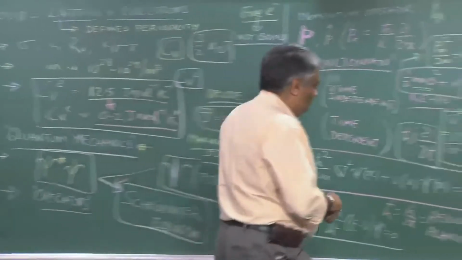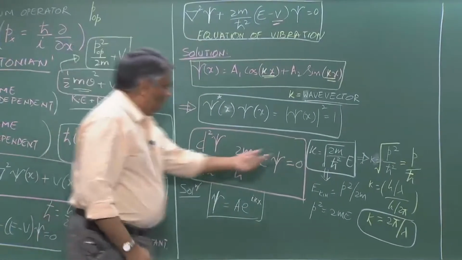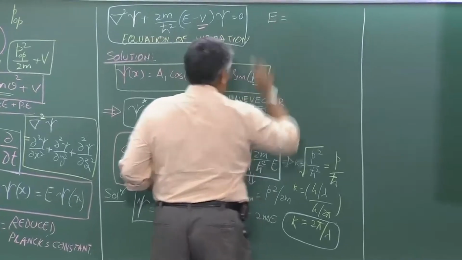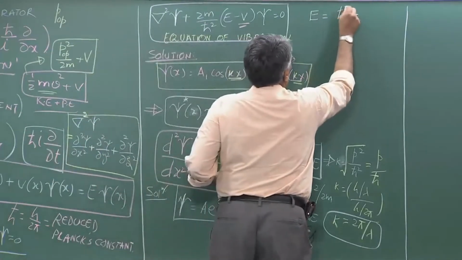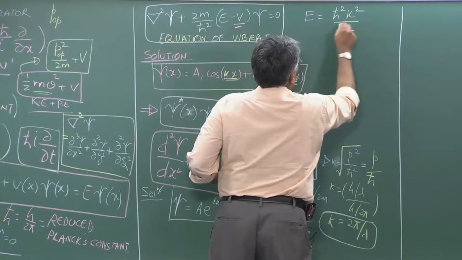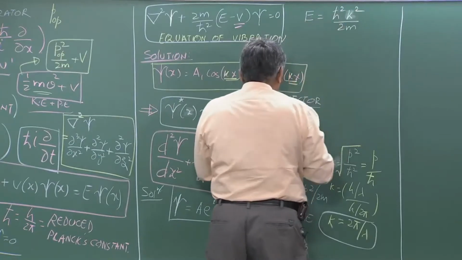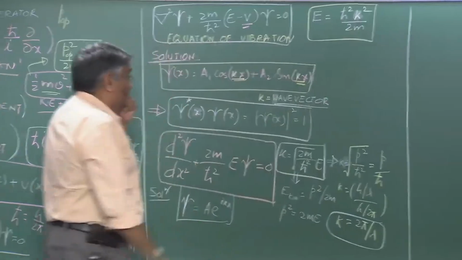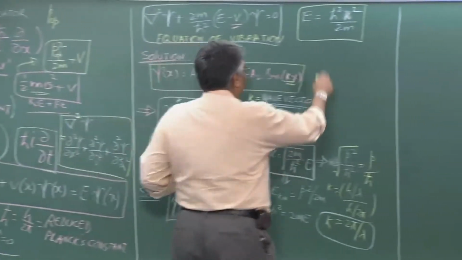What are the implications? Now, if you take this equation, okay, E is equal to h cross square k square by 2m.